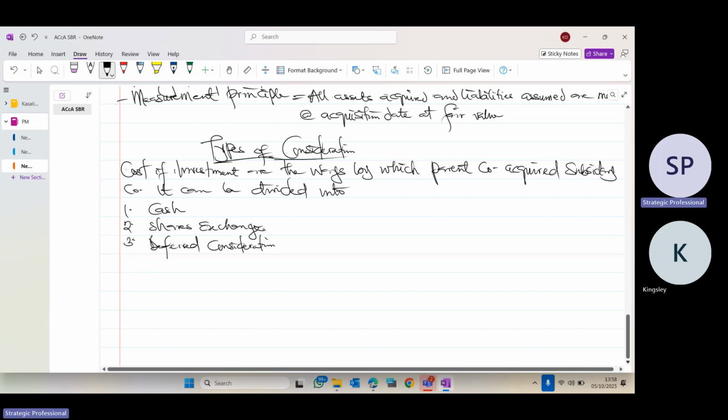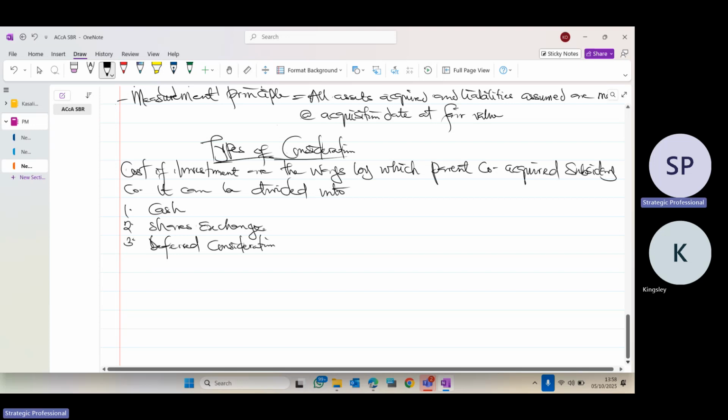It's either by cash, by share exchange, or by deferring the consideration, which we call deferred consideration.